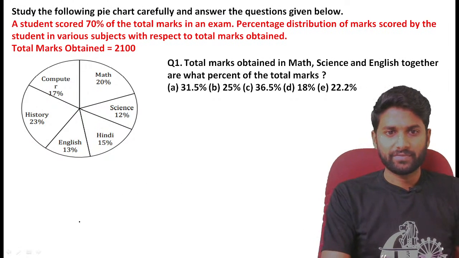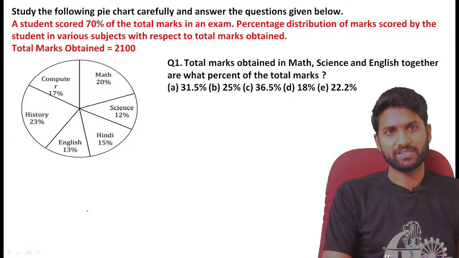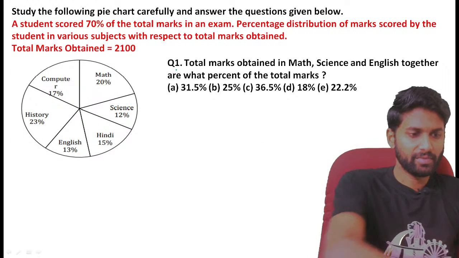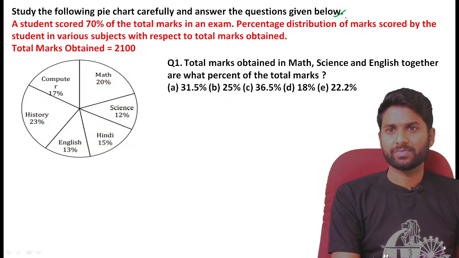Now go through that information, guys. What information is given according to the data interpretation? First of all, study the following pie chart. There is pie chart information related to percentages. Now answer the following questions below.